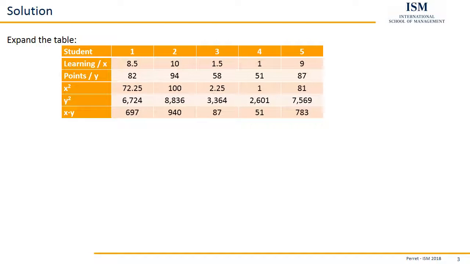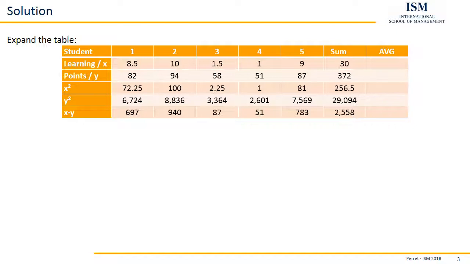However, we're not so much interested in the raw data we just calculated, but in the averages. So as an intermediate step, we calculate the sum of each of the variables and divide this by 5, as we have 5 observations.